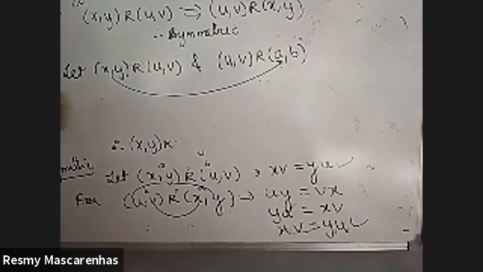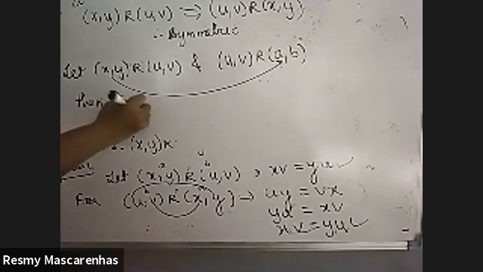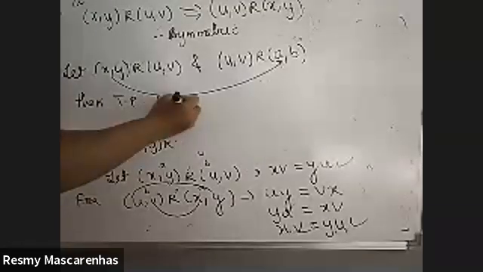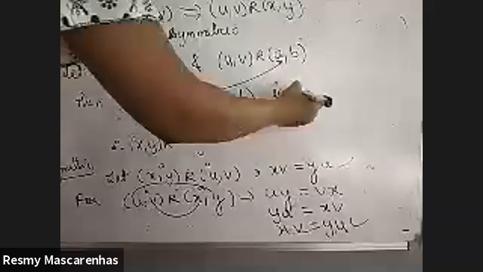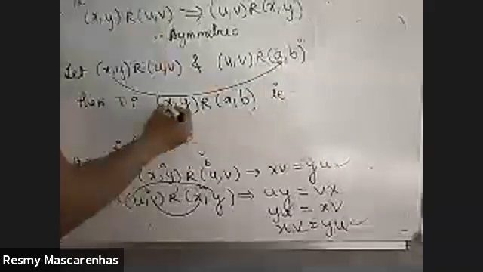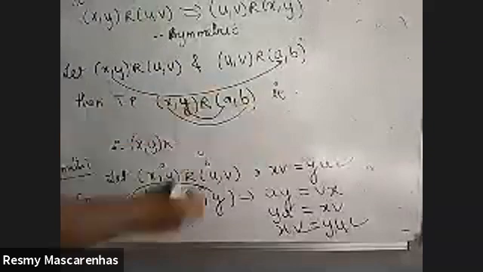Okay, so then to prove that (x, y) is related to the last one, what should be the answer that should be turning out? This and this, no?